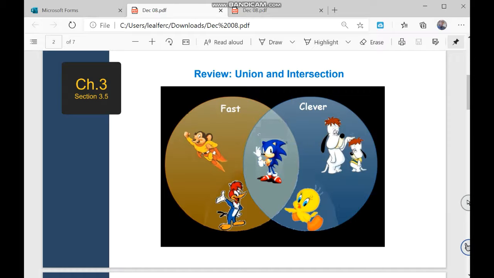In our example here, the Sonic guy, this is the Sonic character, is the intersection of fast and clever, because he is both, he is fast and clever. This is to help you remember this. The intersection is the tricky one. The union, I think, is kind of easy to understand, easy to remember, but the intersection sometimes is tricky.